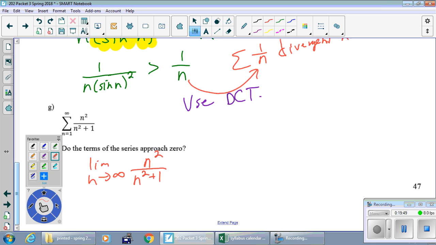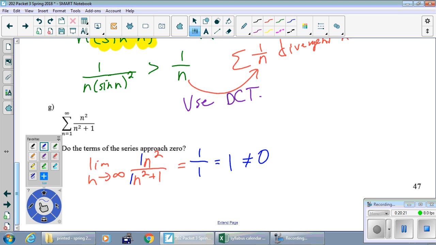And in this case, again, it's our pre-calc limit, right? Where the power on top and bottom is the same. We get to ignore everything except for the leading terms. And so that means that the limit is just the quotient of coefficients. I will put a 1 here and a 1 here and say, therefore, the limit is just the top one divided by the bottom one, which is plain old 1. So that means that the terms of the series approach 1, which is not equal to 0.